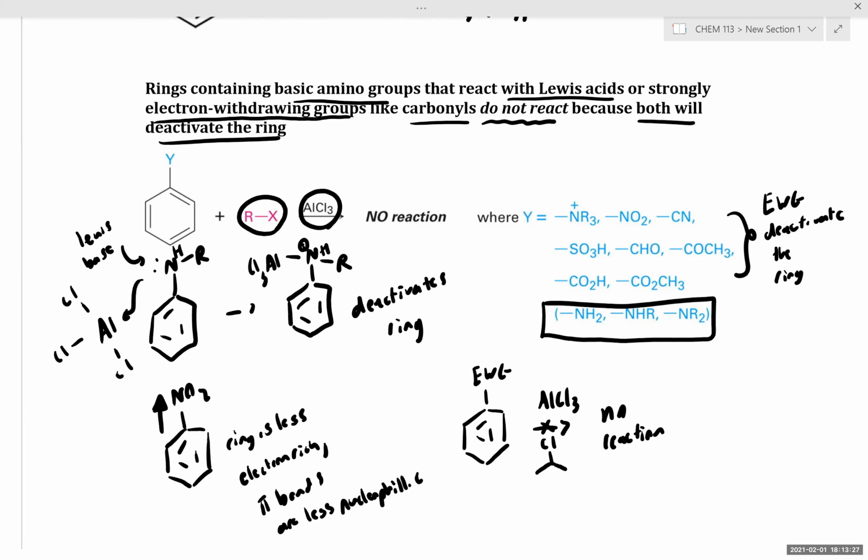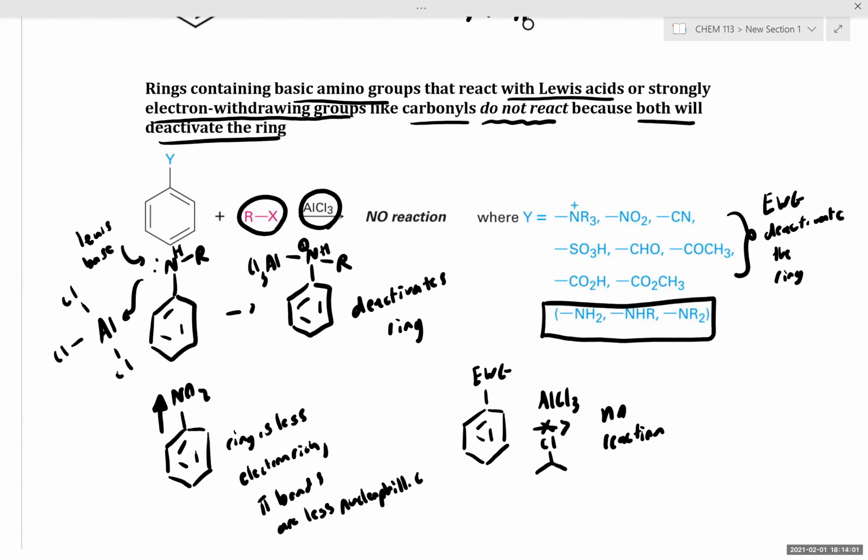If the ring is deactivated, then it's not nucleophilic enough, and the carbocation generated from addition is not stabilized enough, and as a result, the activation barrier is too high. Okay, so electron withdrawing groups and Lewis basic amine functionalities are not compatible with these reaction conditions. Any questions on these limitations?